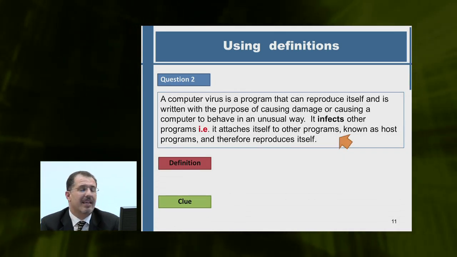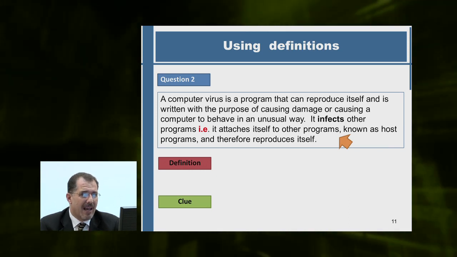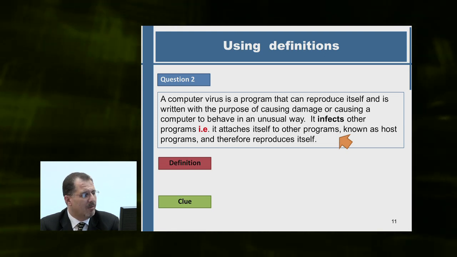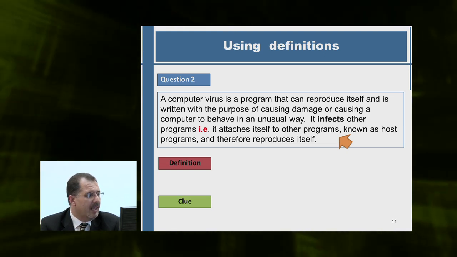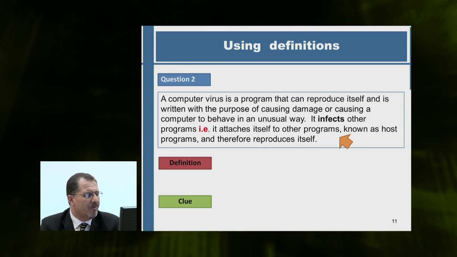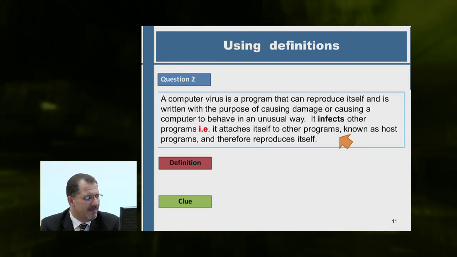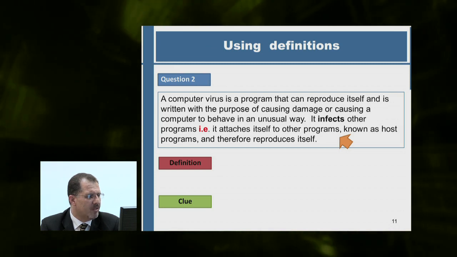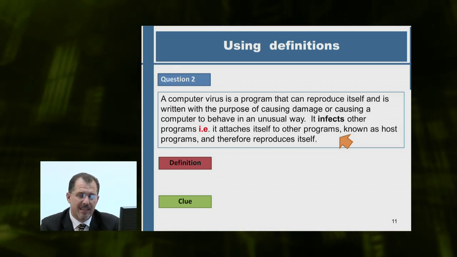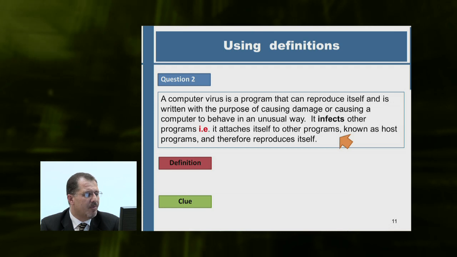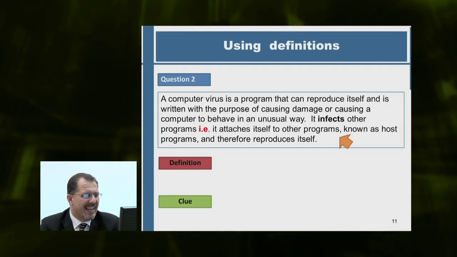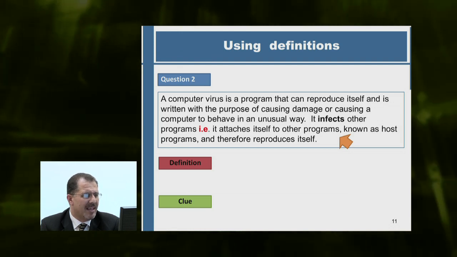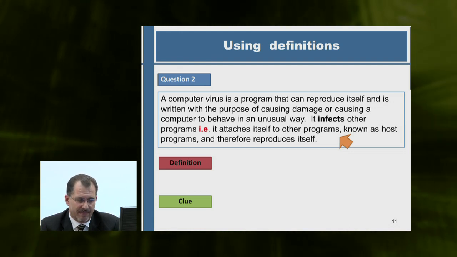Now the same example with another question, with another word to figure out. A computer virus is a program that can reproduce itself and is written with the purpose of causing damage or causing a computer to behave in an unusual way. It infects other programs. It attaches itself to other programs known as host programs and therefore reproduces itself.